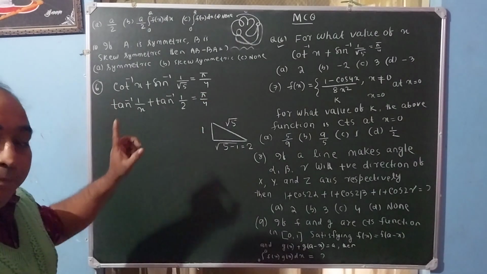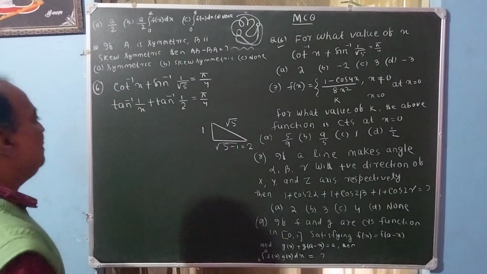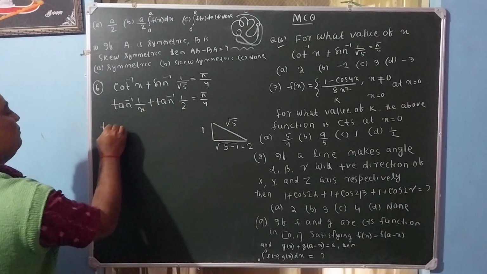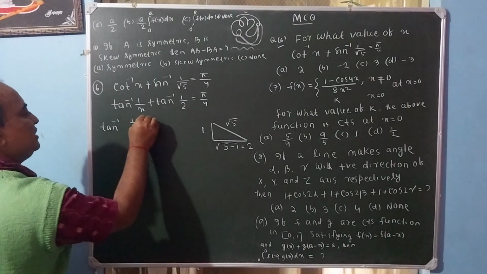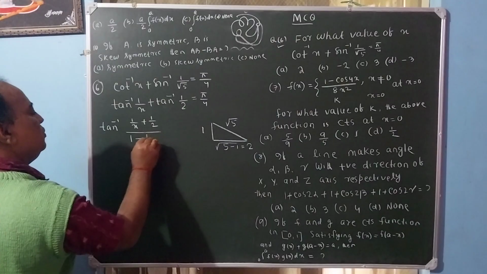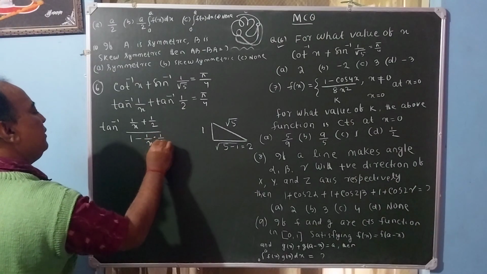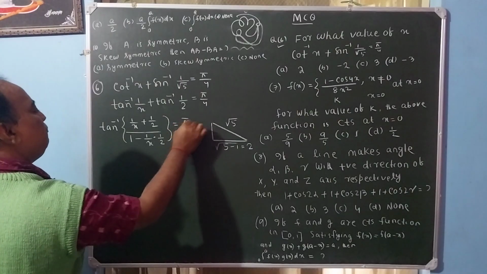There is one formula: tan inverse x plus tan inverse y is tan inverse of x plus y over 1 minus xy. So tan inverse of (1 by x plus 1 by 2) divided by (1 minus 1 by x into 1 by 2) is equal to pi by 4.